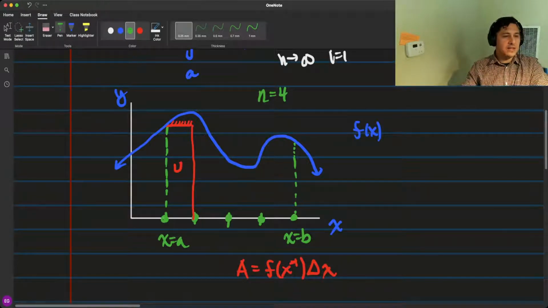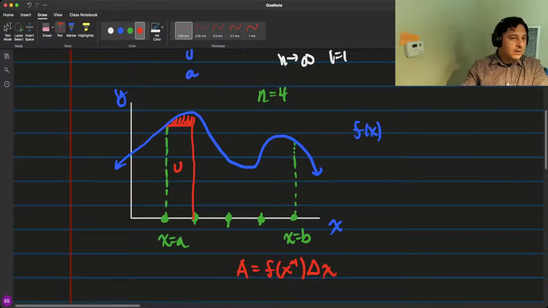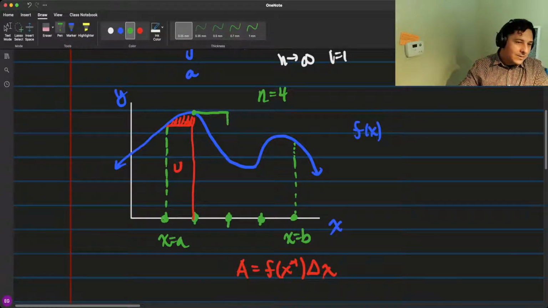Okay, so we did a left endpoint. That's an underestimate. It's too small. Now let's do a right endpoint over here. Now what is wrong with my choice? Yeah, now it's too big.